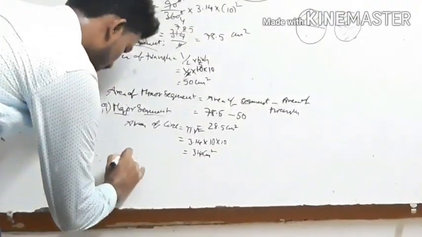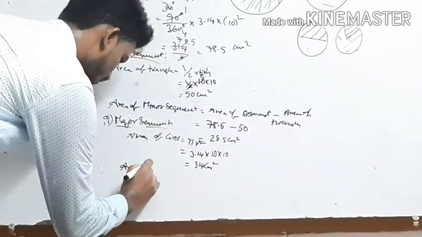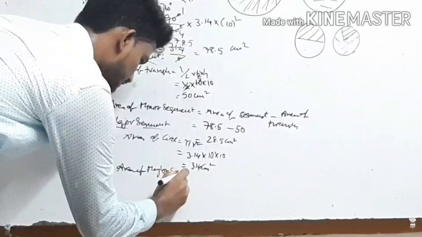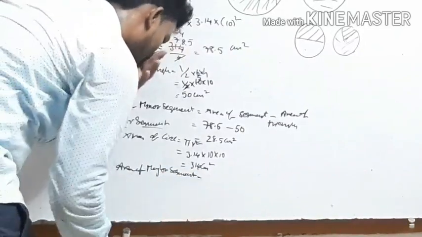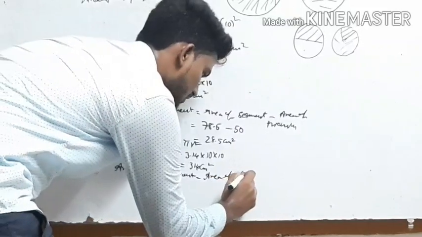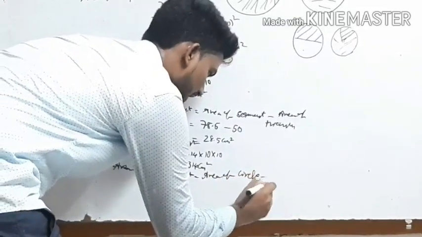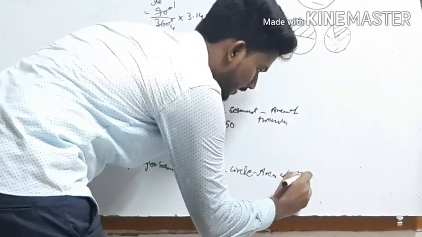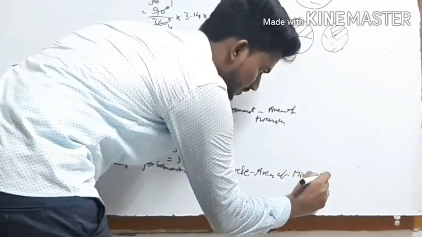The area of the major segment equals the area of the circle minus the area of the minor segment.